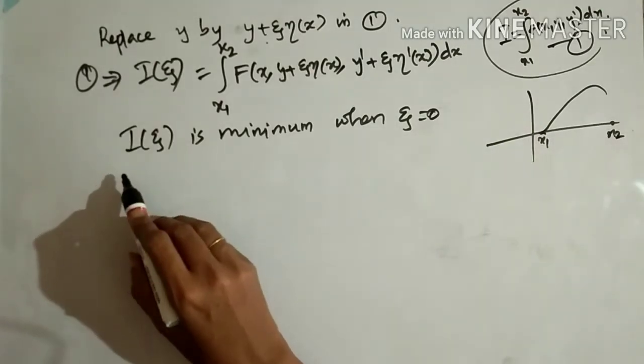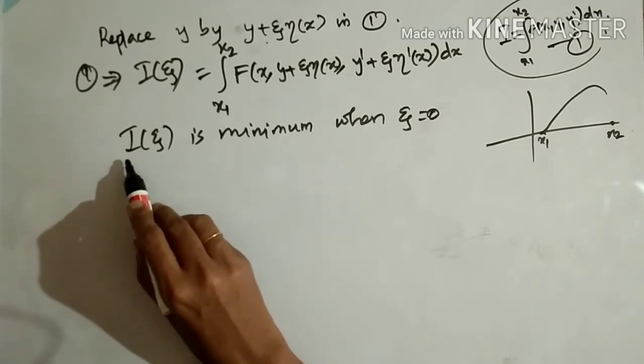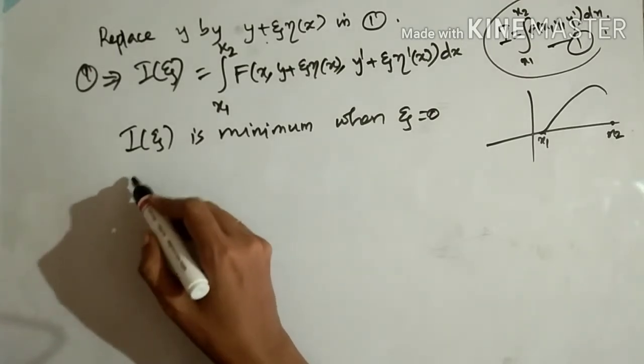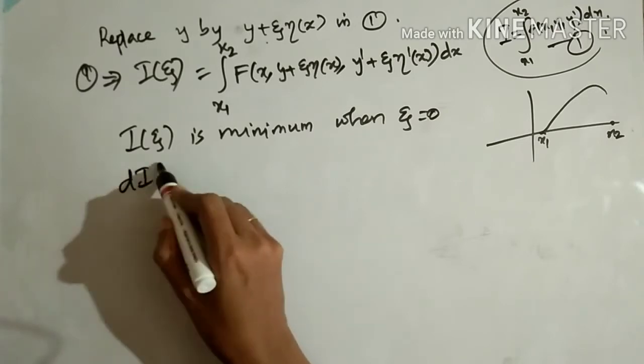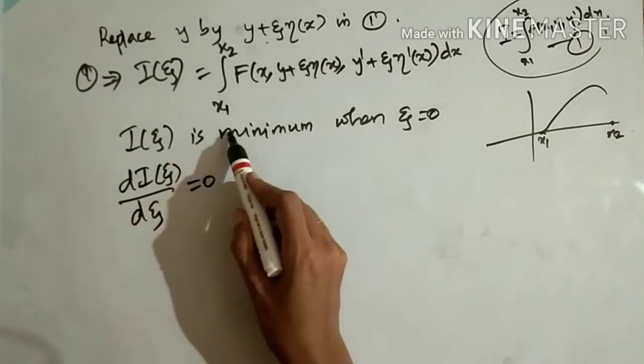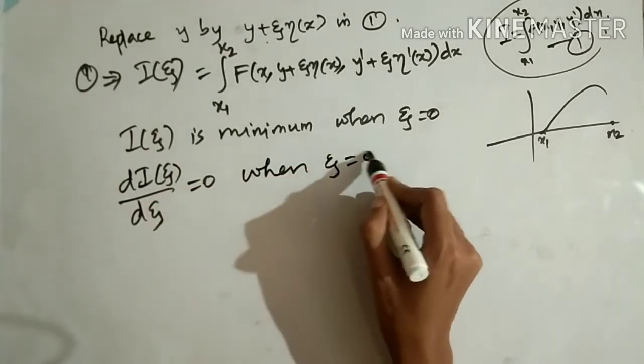You know that if a function is minimum, the first derivative is equal to 0. Here, instead of a function we have the integral I. So this is possible only if dI(psi)/d psi is equal to 0 when psi is equal to 0.